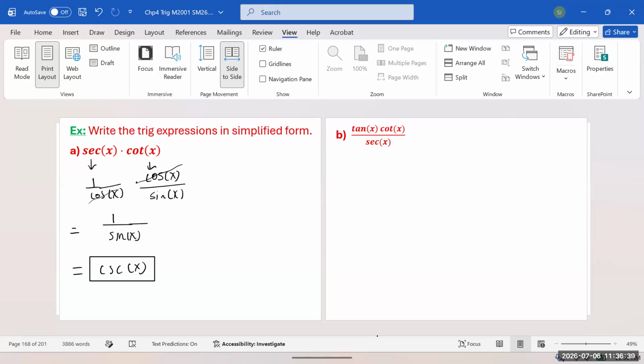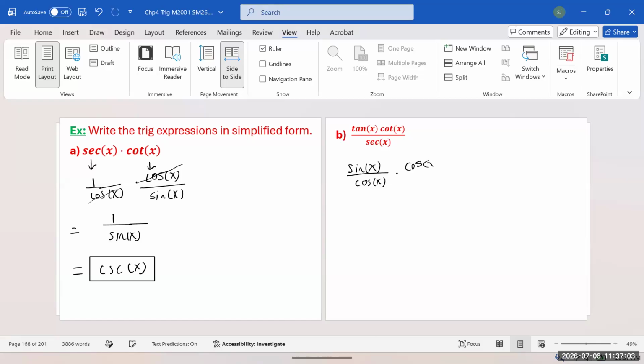1 over secant is what? So tangent is sine x over cosine x.